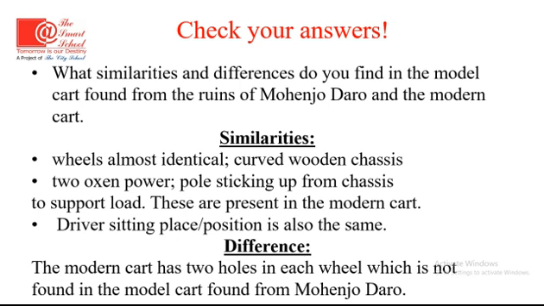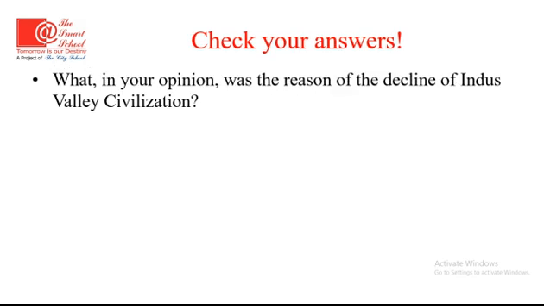These are present in the modern cart. Driver sitting place or position is also the same. Difference: the modern cart has 2 holes in each wheel, which is not found in the model cart found from Mohenjo-daro. What, in your opinion, was the reason of the decline of Indus Valley civilization? For this question, you would be having different answers.